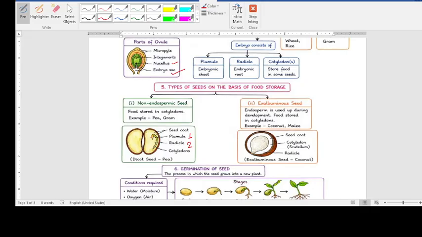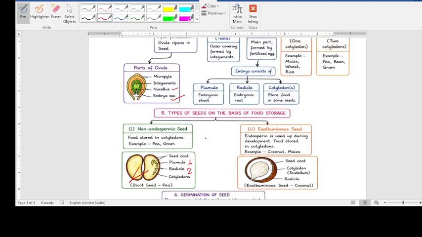Now these two thick fleshy structures which you can see are called cotyledons or embryonic leaves, which provide nutrition to the embryo and are stored even for germination of the seed. When you talk about the types of seed on the basis of endosperm, they are called non-endospermic and endospermic seed. We will discuss that later on.